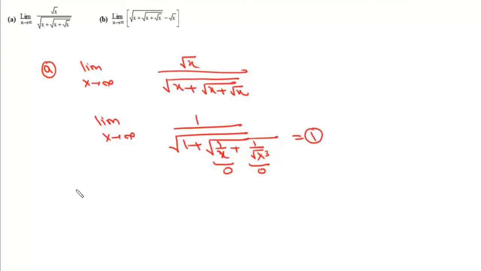And if we look at this b, then it will be this limit x tends to infinity under root of x plus under root of x plus under root of x minus under root of x.